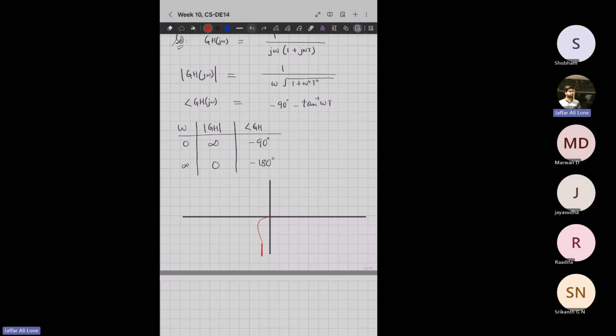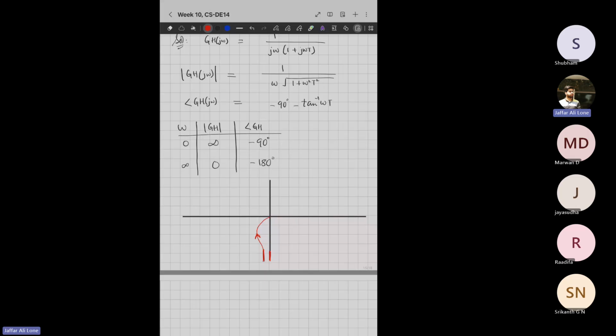Let me make it properly. As omega tends to infinity, my magnitude is tending to 0 and the angle is tending to minus 180. So this is the arrow. Very simple.